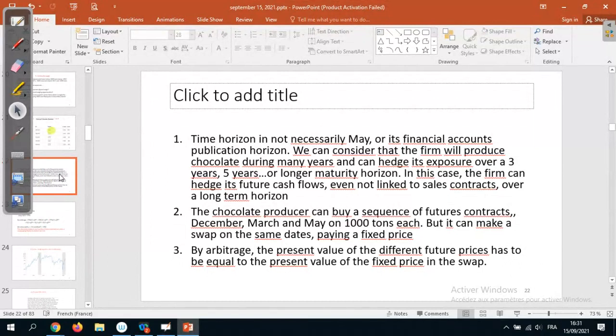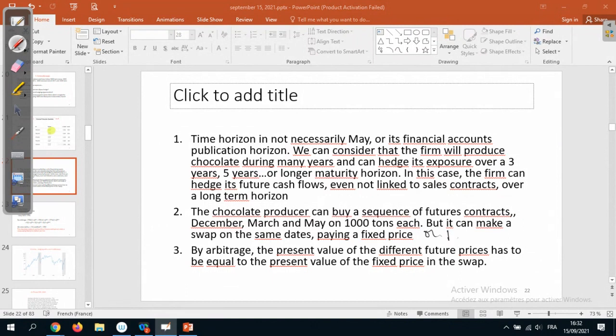What are the alternatives? The chocolate producer can buy 3 months of futures contracts, December, March, and May, on 1,000 tons each, or it can make a swap on the same dates, paying a fixed price. Or it can buy an option. Sorry, I forgot it in my solution here.